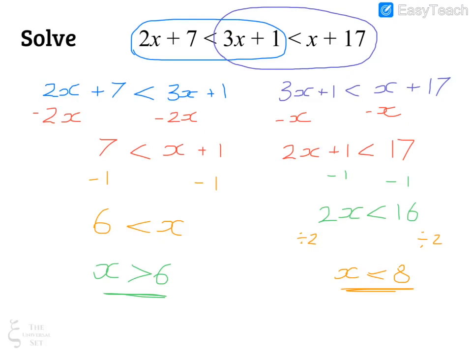And what we can do is write that all as one big inequality, because we've got our x, we know it has to be less than 8, and we also know it has to be bigger than 6, so I can write the whole thing like that. So I'm going to say 6 is less than x, which is less than 8. I'm going to write it all as one big inequality like that, rather than these two separate ones. That's my answer here.